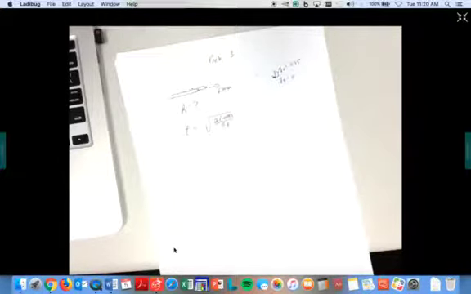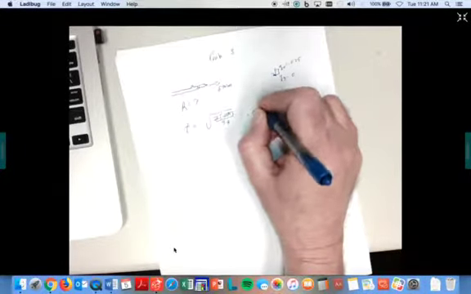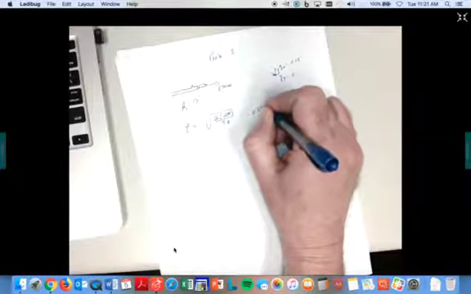So we've got 2 times 0.025 divided by 9.8. Take the square root. Don't forget to do that. So the time is equal to 0.0714 seconds.